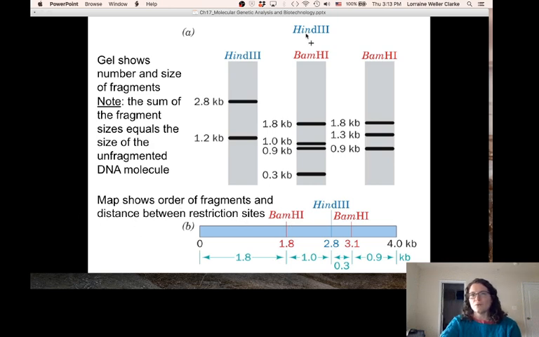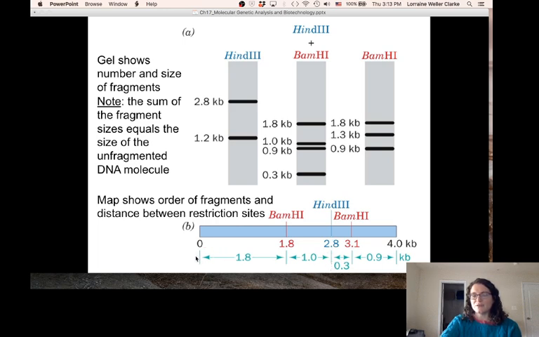Okay, when you have HindIII and BamHI, BamHI is going to cut at 1.8 and 3.1, and HindIII is only going to cut at 2.8.